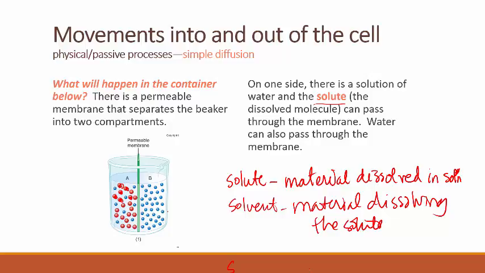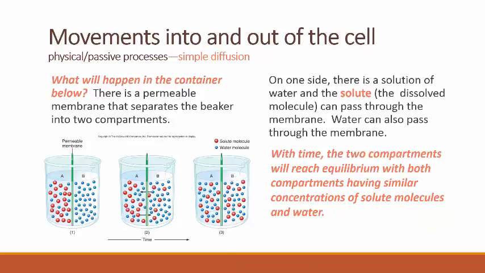Okay, so I'm assuming you are now ready to see the answer. So here it is. Over time, the two compartments in this beaker that are separated by this permeable membrane will reach an equilibrium where both compartments of the solution are going to have approximately equal concentrations of both the solute and the solvent. Because water that's in high concentration on this side is going to move toward this side where it's in lower concentration.